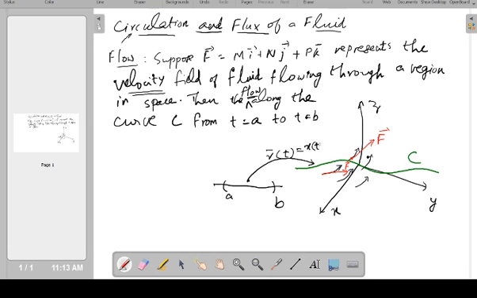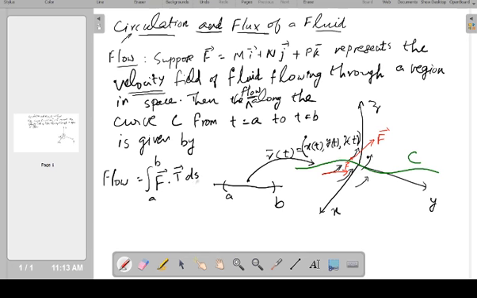This is the parameterization of C. The flow along the curve C from t equal to a to t equal to b is given by flow equal to integral a to b F dot T ds, where s is the arc length parameter.